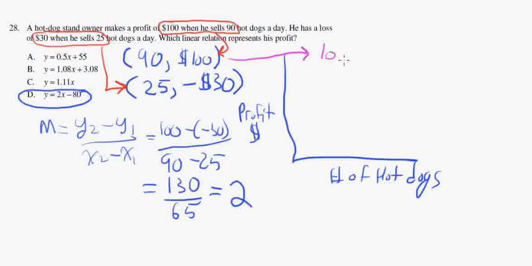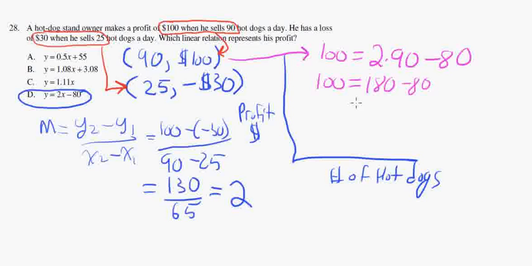So this says that if I make $100 based on selling 90 hot dogs, if I calculate this equation, this will be 100 equals 180 minus 80. This is 100 equals 100. So our check works. This point works. Okay. If this point works, then we can assume that the other point will also work. So this is good. We've shown that D is the correct answer.